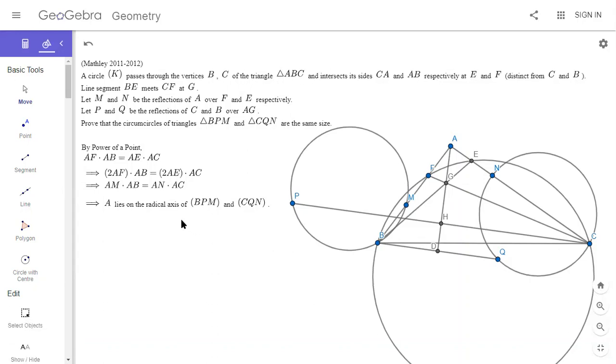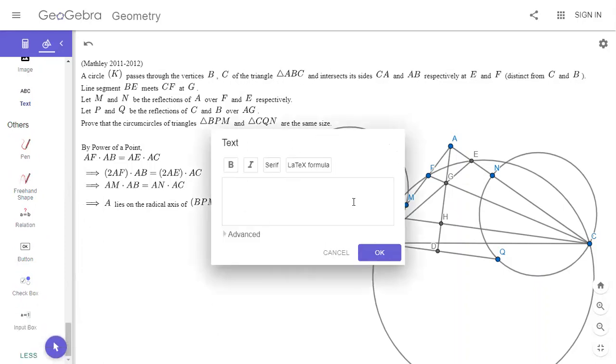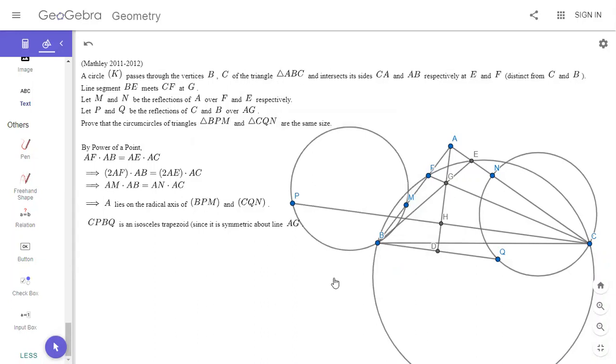And then we have CPBQ as an isosceles trapezoid.